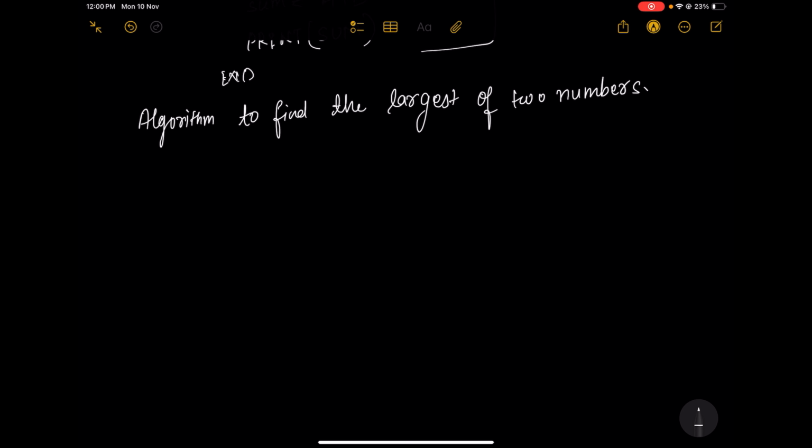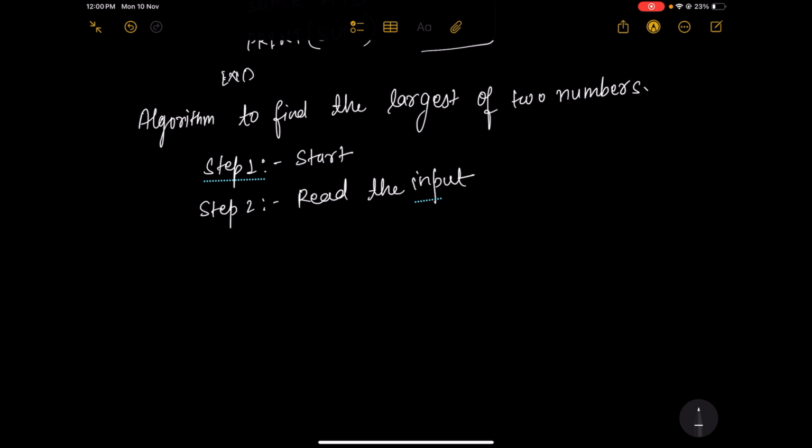So what will be step 1? Step 1 is start. Step 2, read the input, because that's what we do, right? We take the input from a user, something like that. So we take an input, the numbers A and B.